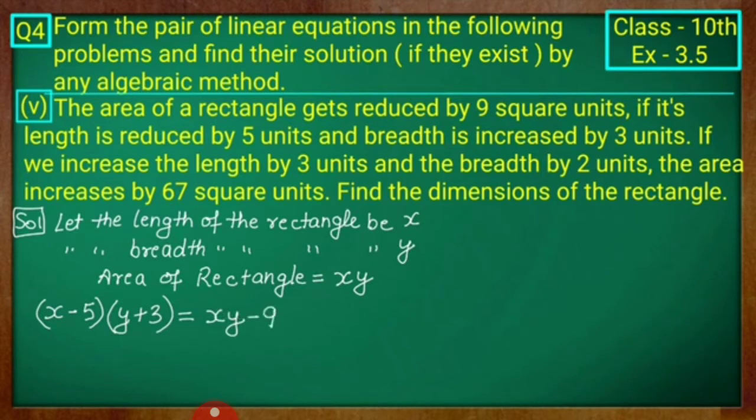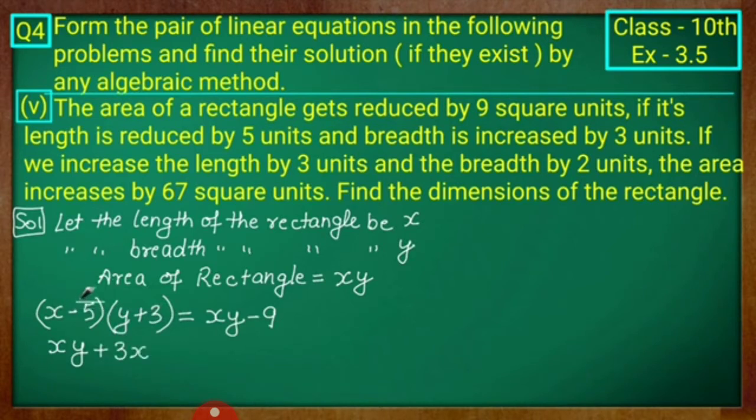Now simplify it, removing the brackets on the left hand side. x is multiplied with y, so xy, plus x multiplied with 3 is 3x.